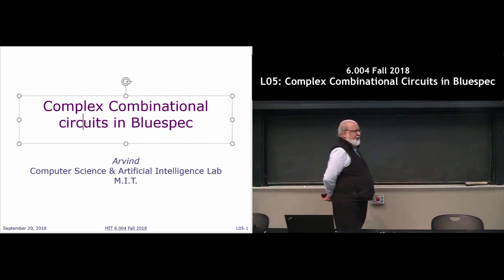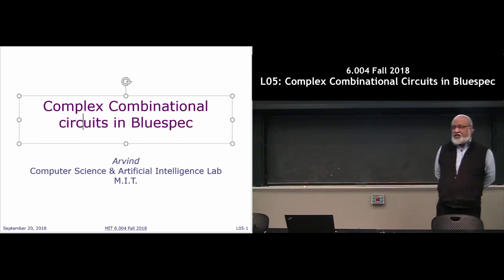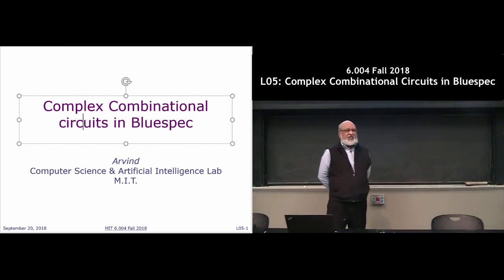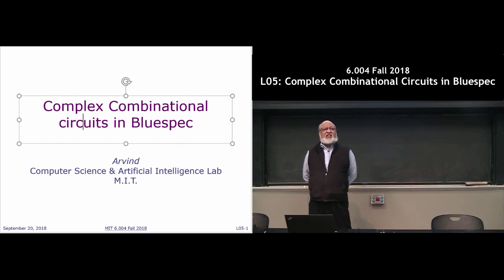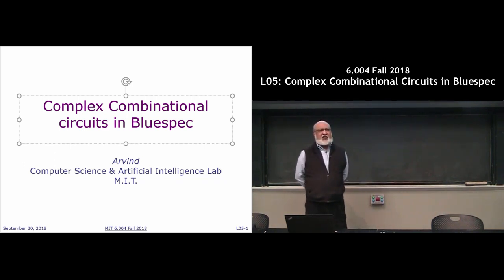Now, another problem in understanding circuits, and this is true for any optimizing compiler, even if you compile C, is that modern compilers can be very aggressive in the optimizations they do. You write something, and you may not even understand how much optimization is going on behind the scenes. So sometimes the circuit that comes out may be unrecognizable.